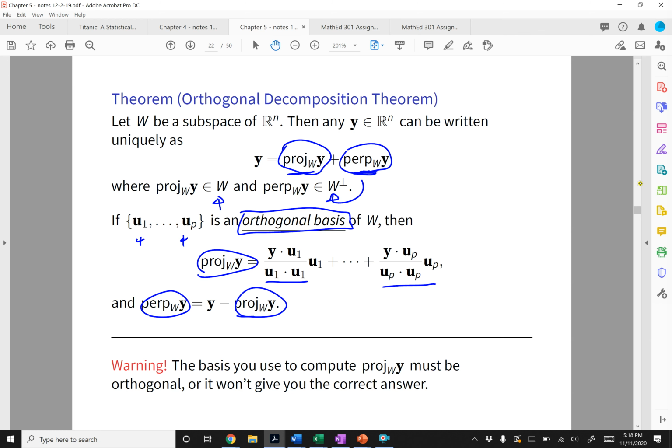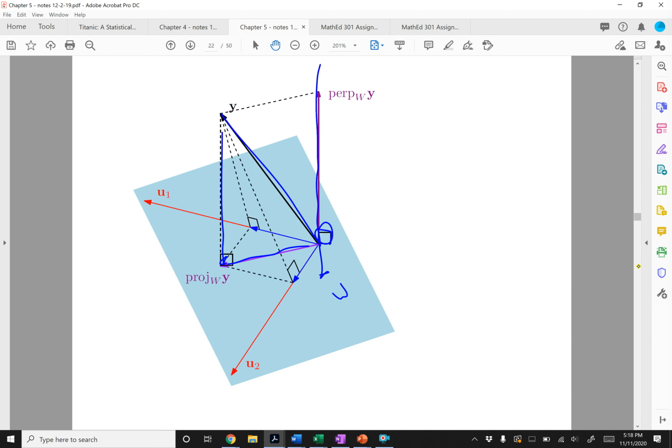What this is saying is we can decompose y into two special vectors, and those two pieces are the piece inside the subspace and the piece that's perpendicular to the subspace. So these two, if you add them together, you get y.